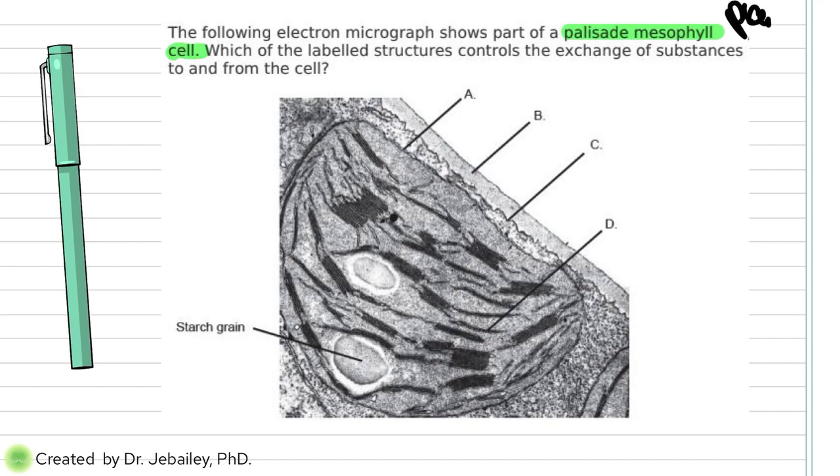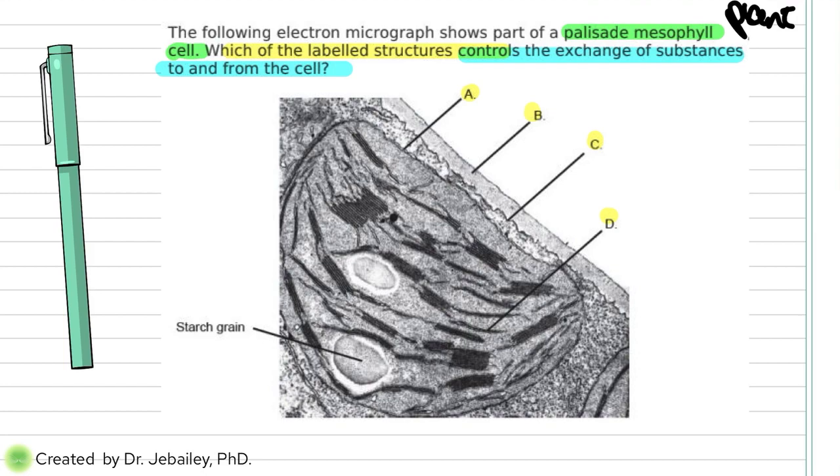Now, which labeled structure controls the exchange of substances? This is just to throw you off. If you read the next question, it's saying which of the labeled structures, that means here A, B, C, D, and here's the most important thing: it controls the exchange of substances to and from the cell. That means there are things coming in and out of the cell.